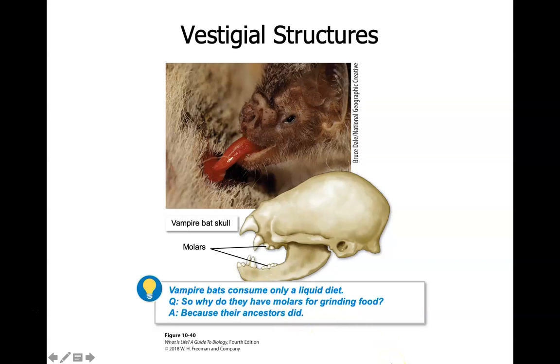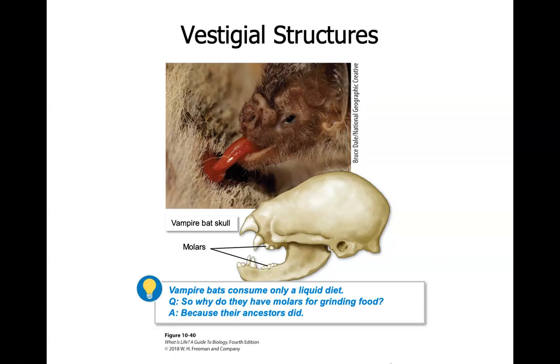Other examples of this are hip bones in snakes. The snake ancestors had hip bones. Even though they don't have legs attached anymore, they still have the bones. Also the tailbone in humans: we still have a tailbone, but we don't have a tail attached to it. So that's another vestigial structure.